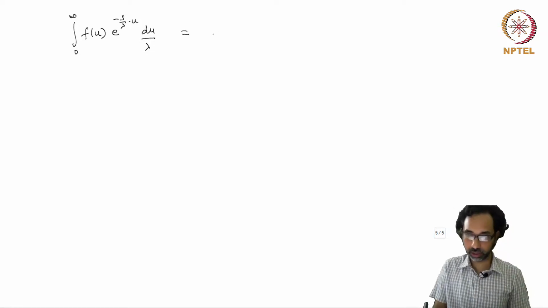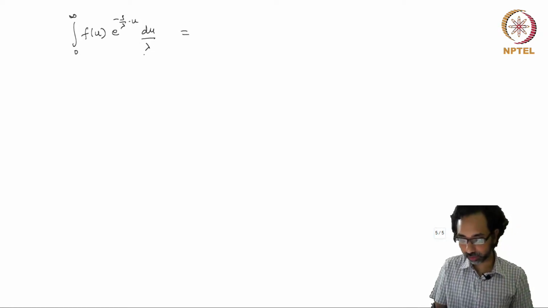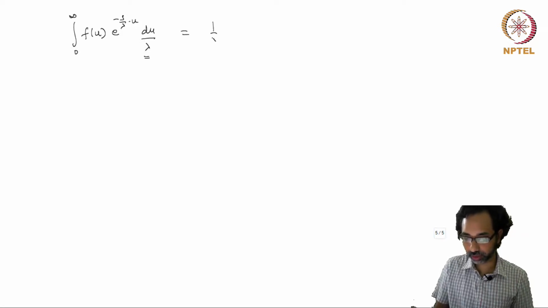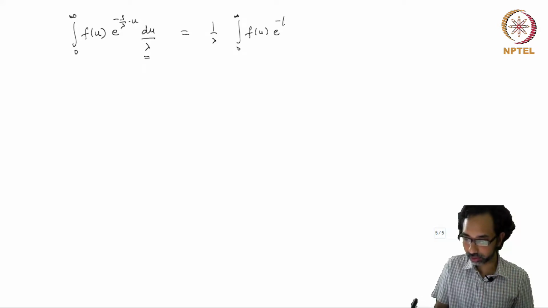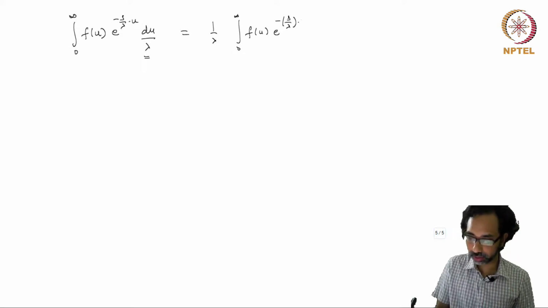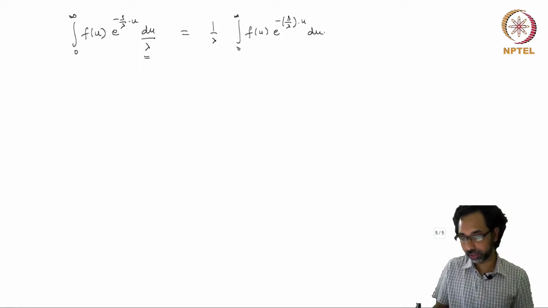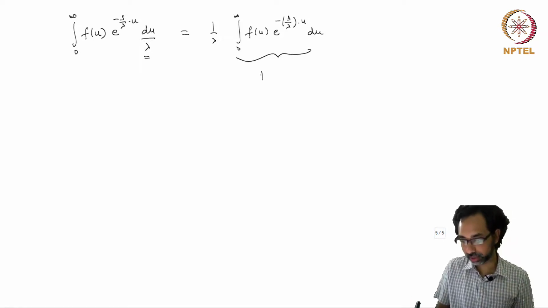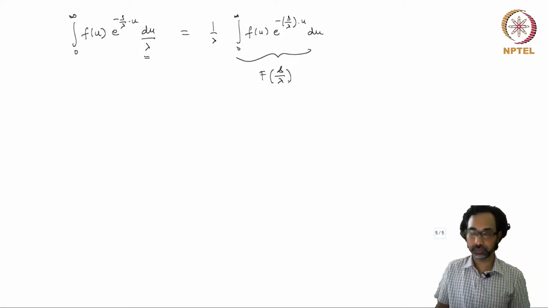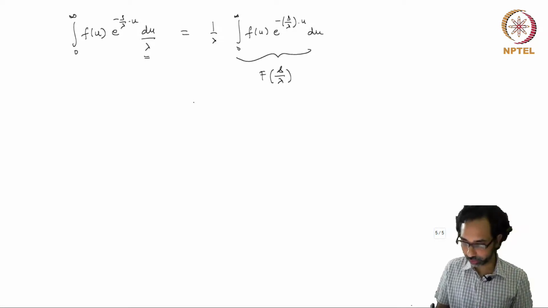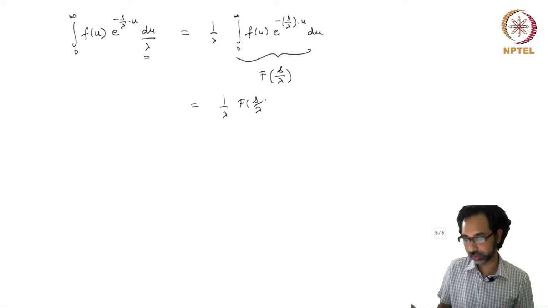So this is now equal to, you can take this lambda factor out of the integral, so it's 1 over lambda times the integral from 0 to infinity of f(u) e to the power minus s by lambda times u du. But this is nothing but the Laplace transform of f evaluated at the point s over lambda. So therefore you get 1 over lambda F of s over lambda.